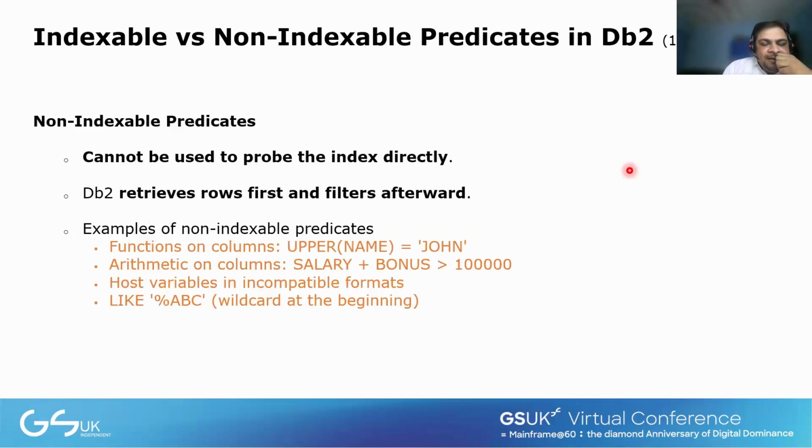Some examples are functions like upper, lower, something like that on your columns, arithmetic on columns, host variables in different incompatible formats. In the like predicate, if you start with a wildcard, it becomes non-indexable. I mean, if you put the wildcard later, it is good. But if you start with a wildcard, it is not good. That is the last example which I'm giving here.